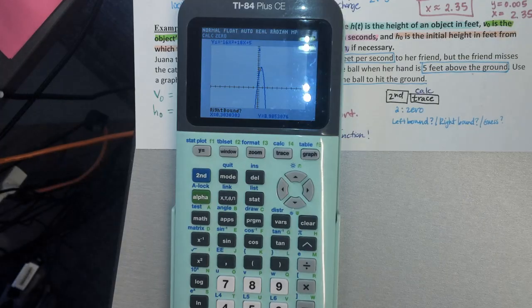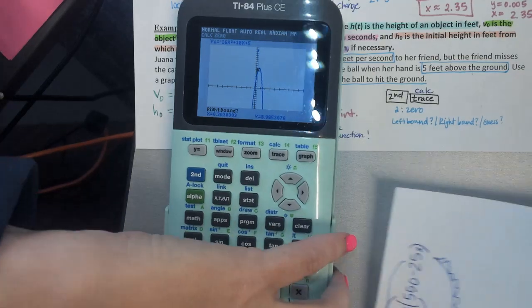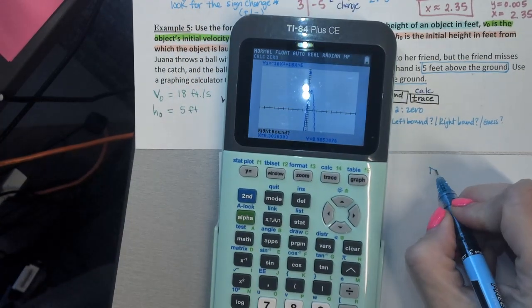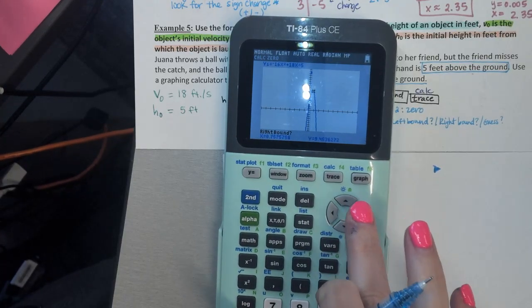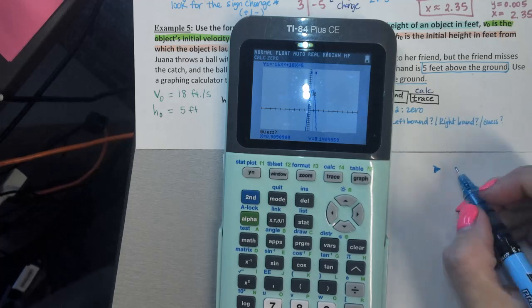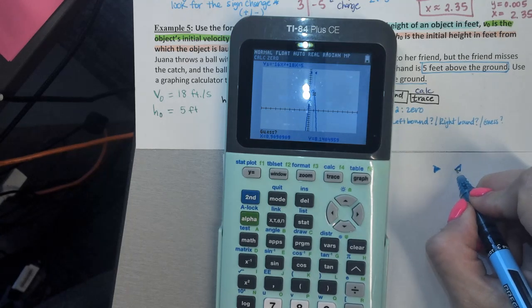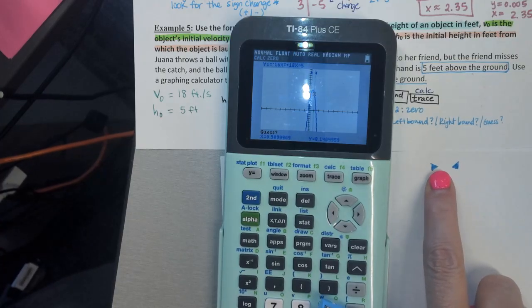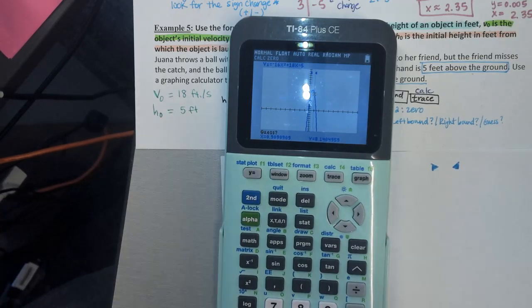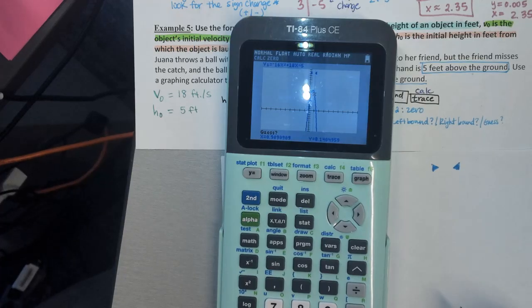Press enter. You should see a little arrow on your calculator when you do this. And then for the right bound, just go back to the top, go 2 to the right. What it's doing is you're telling your calculator, look in between these two and find, oh no, that's your maximum.